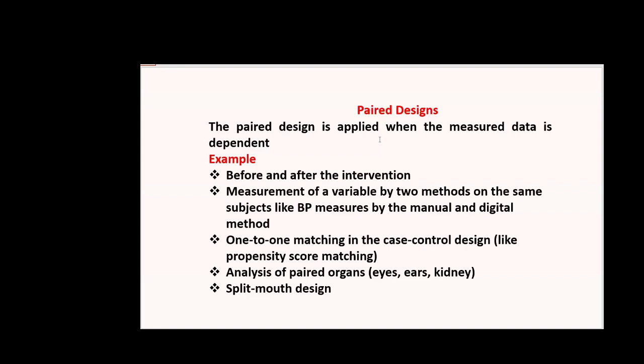So that is called a split mouth design. These are examples of the pair design. If you are facing this type of design, we will discuss how to calculate the sample size.